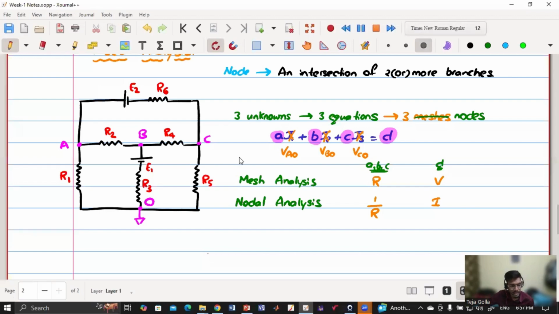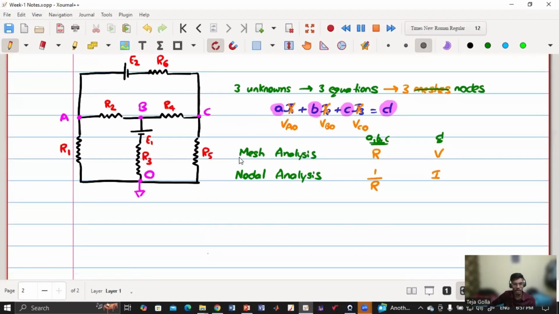Okay. So now again here we have to get three equations: VAO, VBO, and VCO. In the case of mesh analysis, we apply the equation in a mesh. In the case of nodal analysis, we'll apply it at a node. So we'll start with node A, then go to node B, and then node C. At node A, the coefficient of VAO will be the summation of the inverse of the resistances connected to that node A. The resistances connected are R1, R2, and R6.